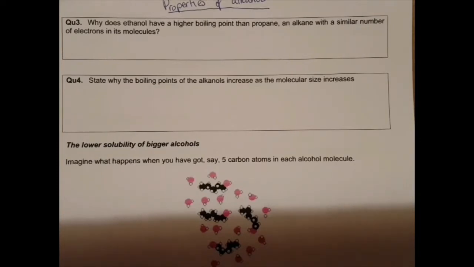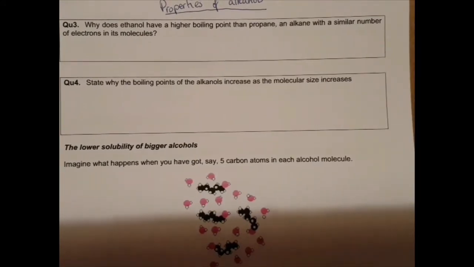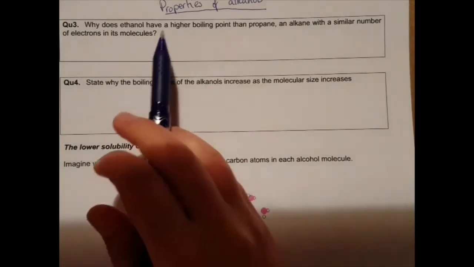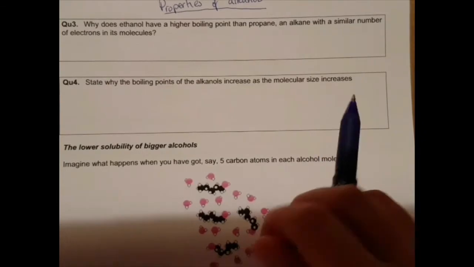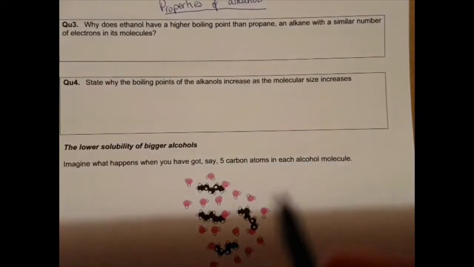So in this type of question, you always are going to want to talk about the type of intermolecular forces and the relative strength of the intermolecular forces. If you want, you can pause the video now and try and answer that question. What I would say is something along the lines of, well, if it's got a higher boiling point, it means it's more difficult to separate two molecules of ethanol from each other.